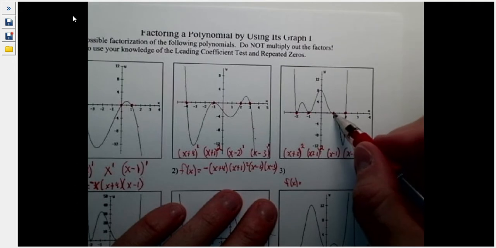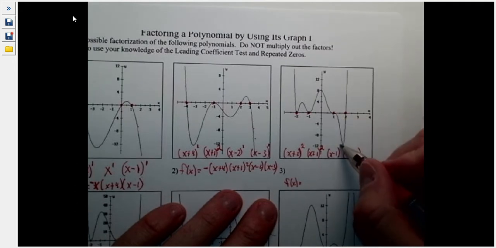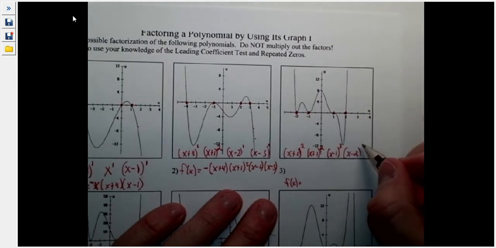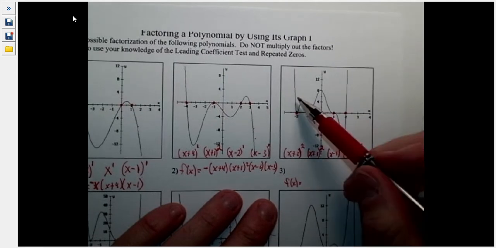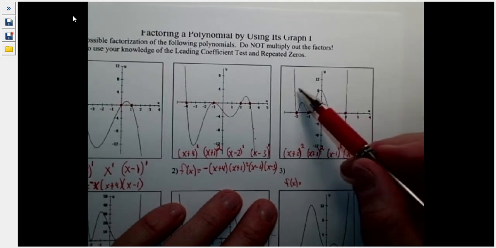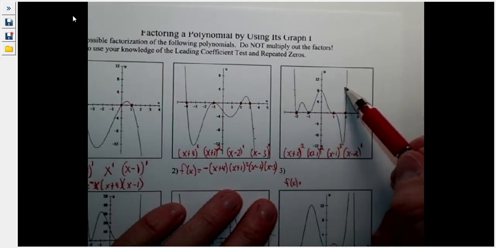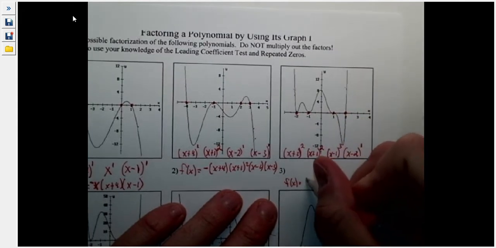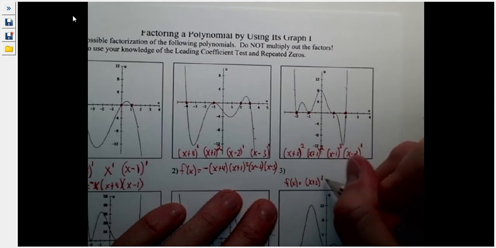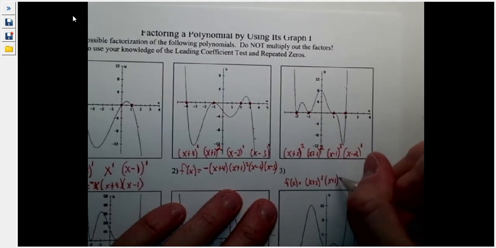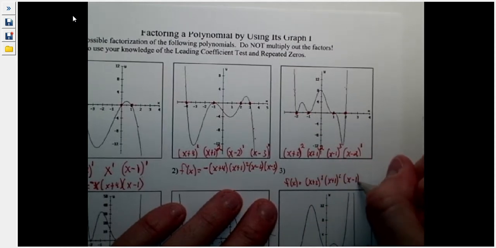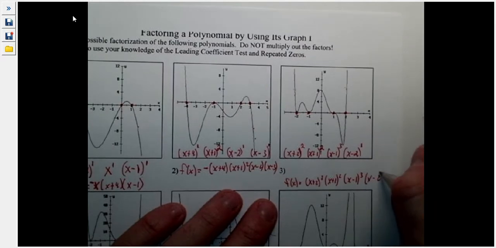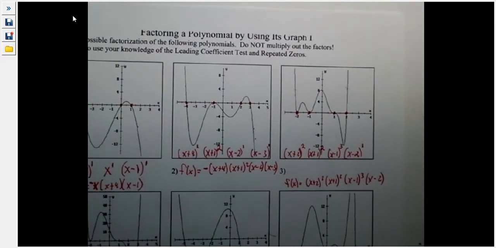This one crosses, but you can see it crosses cubically, so that's 3. And this crosses linearly, so 1. Now our total power is even, and since these are both going up, it's a positive lead coefficient. So basically, rewriting it, it's x squared, x plus 1 squared, x minus 1 cubed, x minus 2. That's all there is to it.